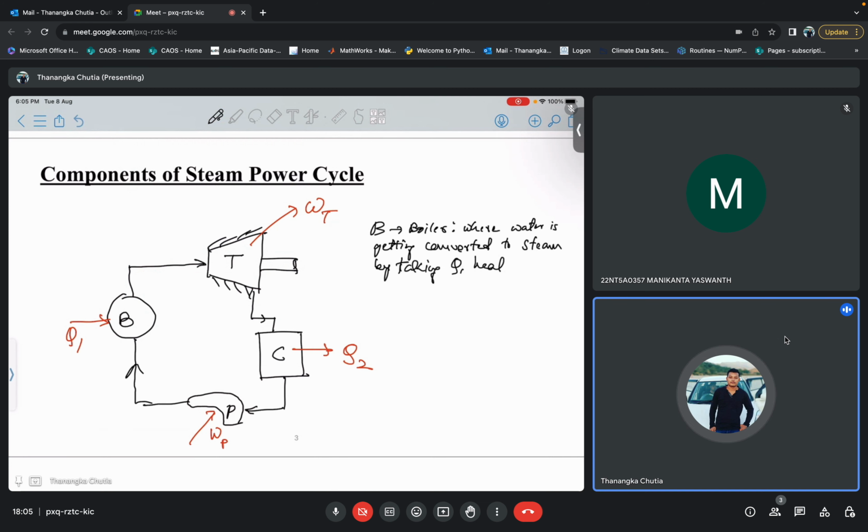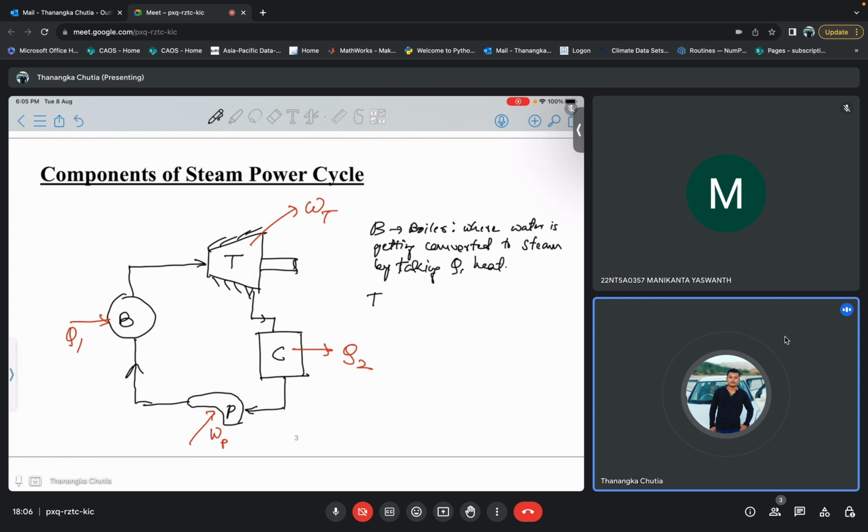Now how this Q1 heat is taken, whether by burning coal or given by whatever source, is not important to us. When we do such questions it will be important, but right now it is overall some Q1 amount of heat taken in order to vaporize the water and produce the steam.